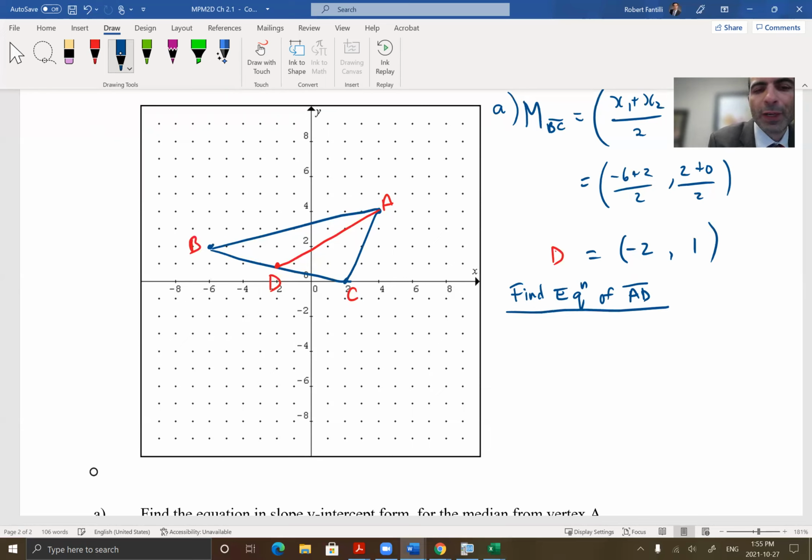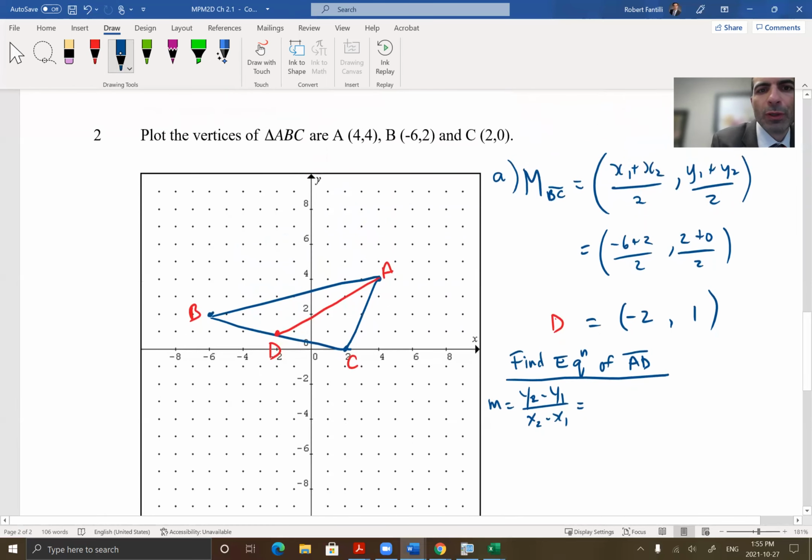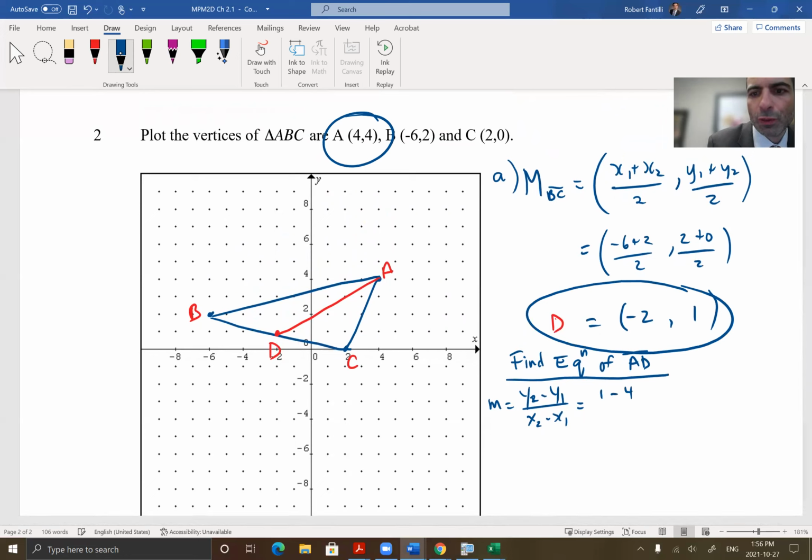Now, how do you find the equation of a line when you're given two coordinates? We use the slope formula. y2 minus y1 over x2 minus x1. So the slope of AD, remember our coordinate A here and D here, y2 minus y1 will be 1 minus 4 over -2 minus 4.